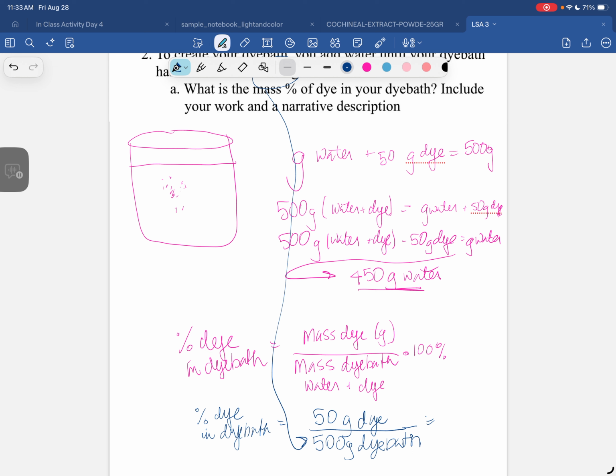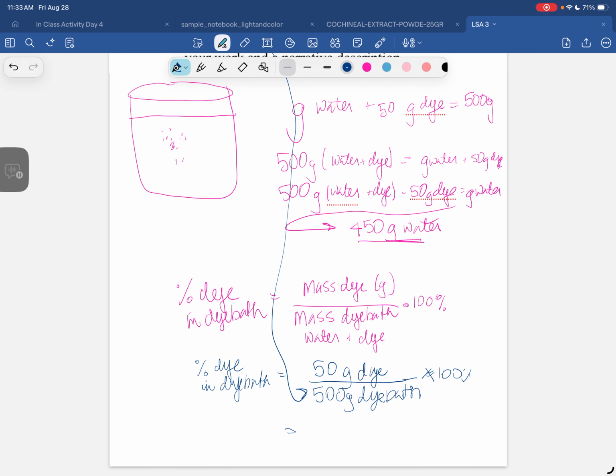And then we multiply that by 100%. So what we're going to end up doing is 50 grams divided by 500 times 100%. So 50 divided by 500 is going to be 0.1. So that's going to be 0.1 times 100%. That's going to give me 10%.